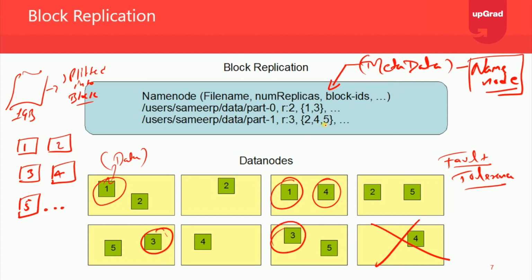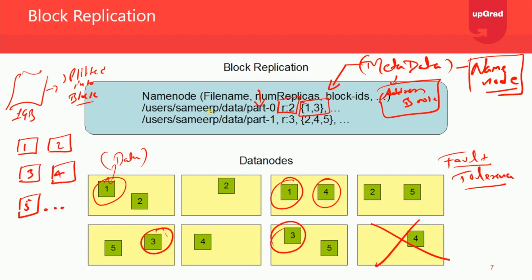So metadata contains which file is stored in the cluster, and it also consists of the replication factor. It means how many duplicate blocks are there for each block and in which data nodes they are. So, in simple words, as a summary, I would say metadata is like an address book, and this address book consists of the addresses of the blocks.